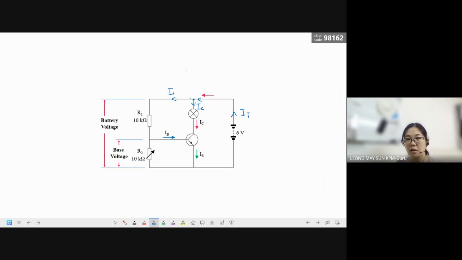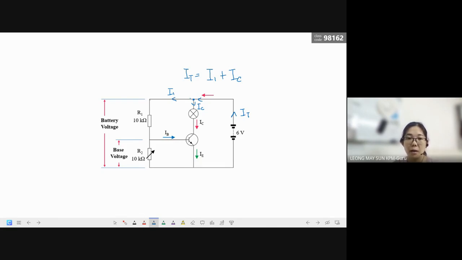So at this junction, I total equals I1 plus IC. Remember, in a series and parallel circuit, whenever there's a junction, it's considered a parallel circuit already. In a parallel circuit, current is a summation. So that's why I total equals I1 plus IC.